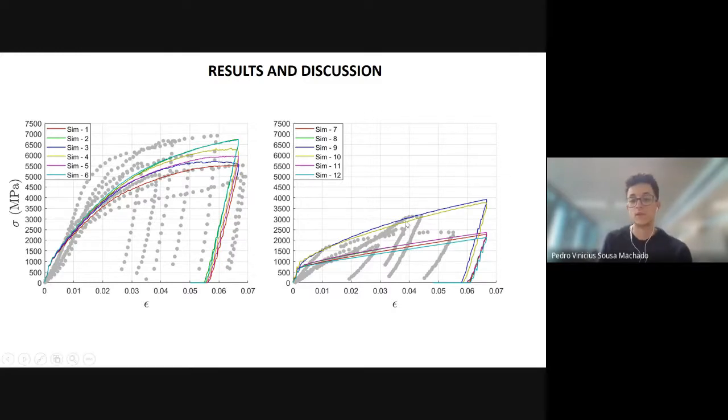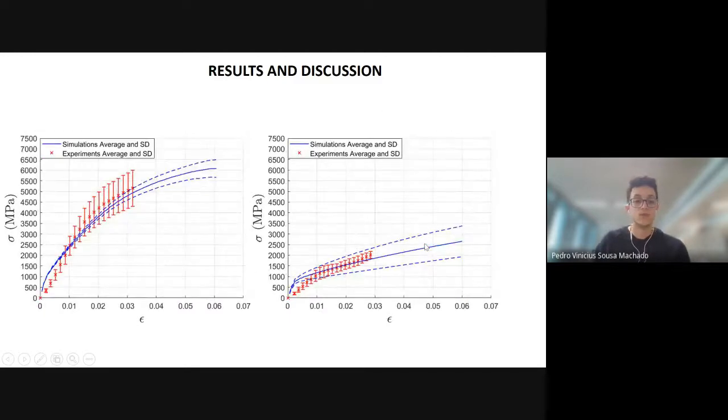Sometimes, these micropillars here on the top, for instance, had more carbides, and the carbides are much more resistant than the binder. So that's why we see this difference. And then we could also have a look at the simulated average and standard deviation on top of the experiments. Again, I think it matches well with the experiments.